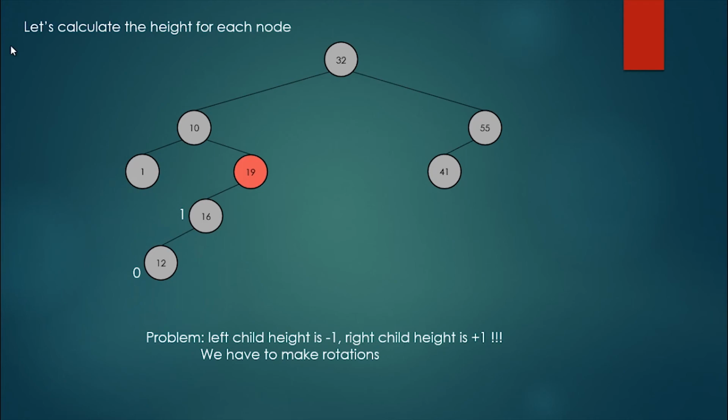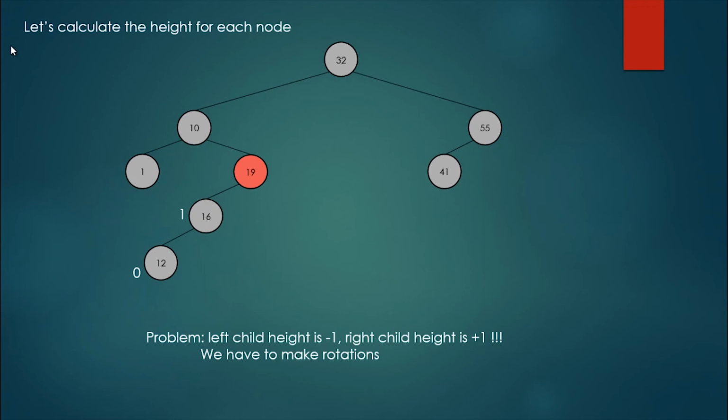We assigned a -1 to it, and we come to the conclusion that the difference between 1 and -1 is greater than 1. So we have to make rotations, because that was the criterion that our tree is okay. We don't have to make rotations as long as the difference between the heights of the left and the right subtree is less than or equal to 1.